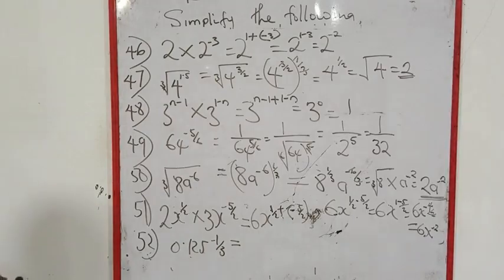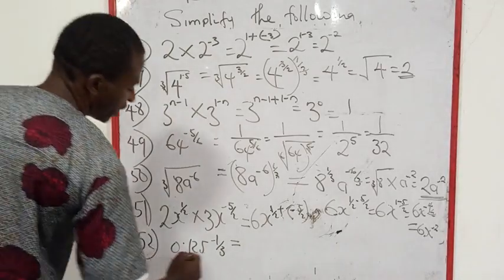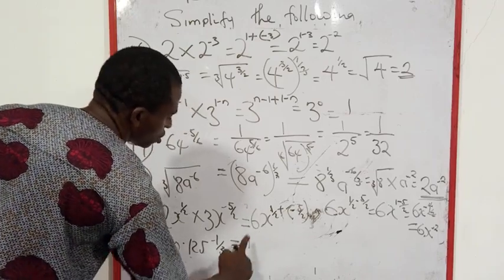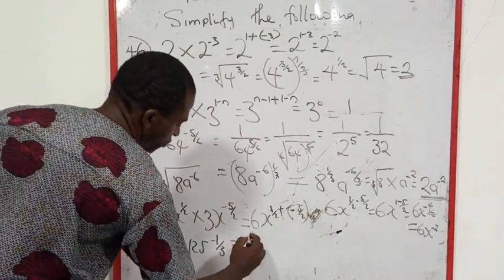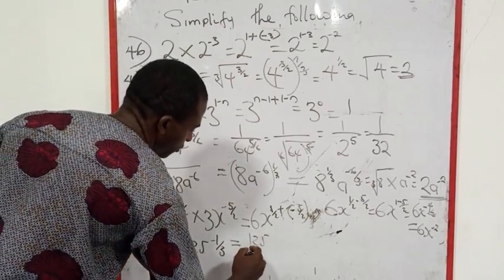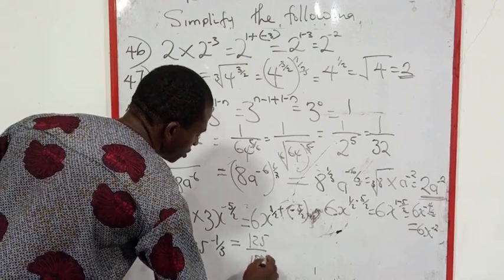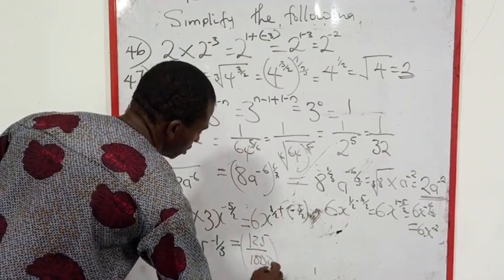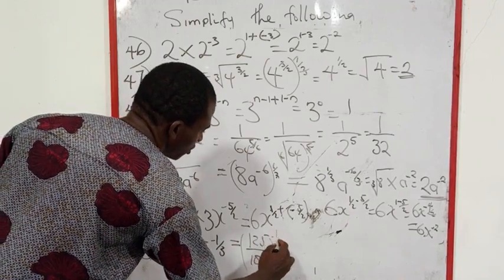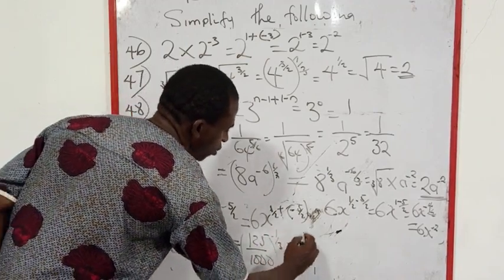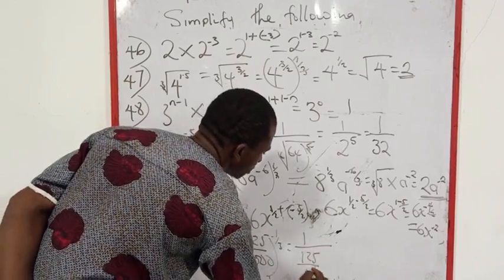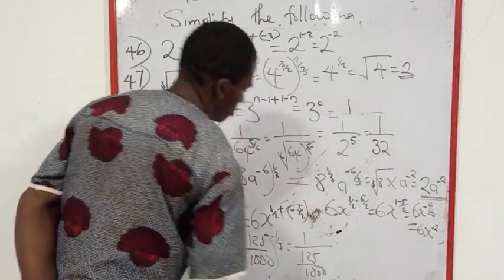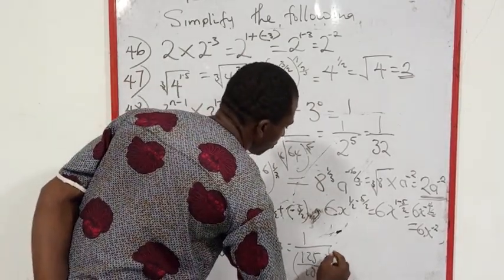The last question here is, we have to convert first of all to a fraction. The fraction becomes 125 over 1000. Then we apply the law, 1 over the number, removing the minus sign. So now 125 over 1000 raised to power 1 over 3.